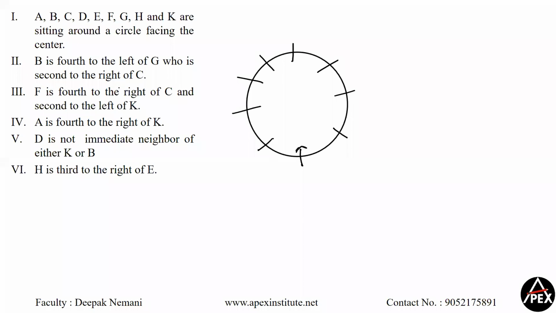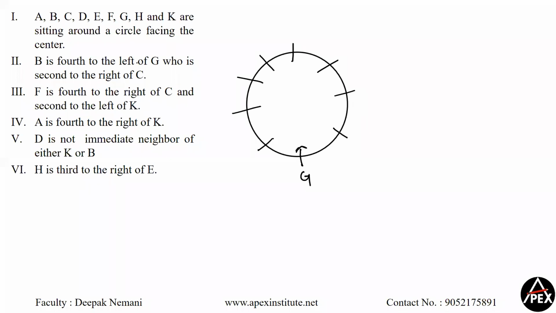Okay, so B is fourth to the left of G. So I can consider G here, G here, G here, or G here. You can consider it anywhere. The arrangement will not change. The arrangement will remain same. Because if I consider G here, you can also consider G here. If I rotate this by 180 degrees, you will get this, isn't it? So this gives us the freedom to start anywhere in circular arrangement.